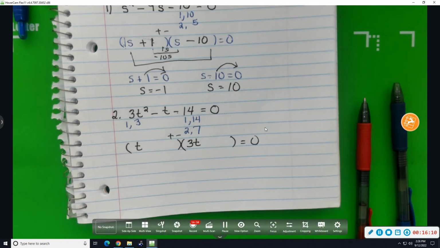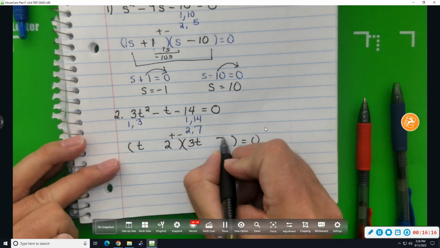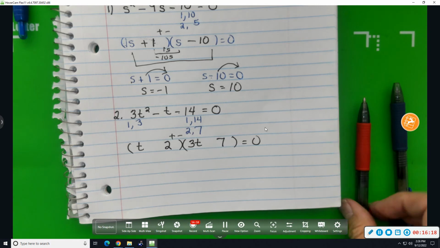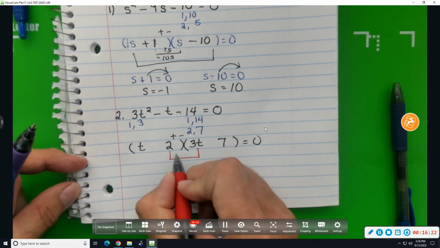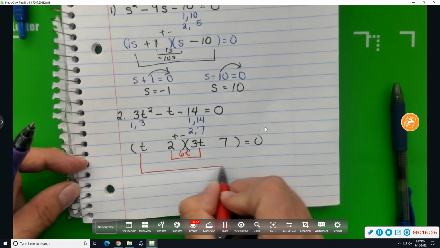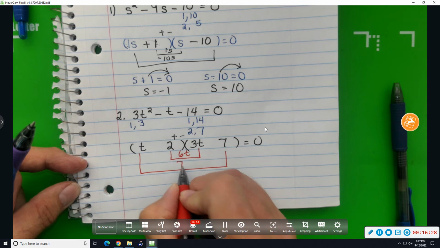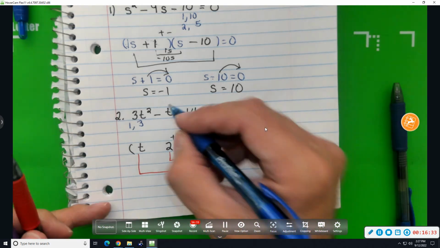But let's see, if I try the 2 here and the 7 here, can I make this work out? When I look at the inner and the outer, the inner would be 6t, the outer is 7t. Can I subtract those to get that negative 1t?